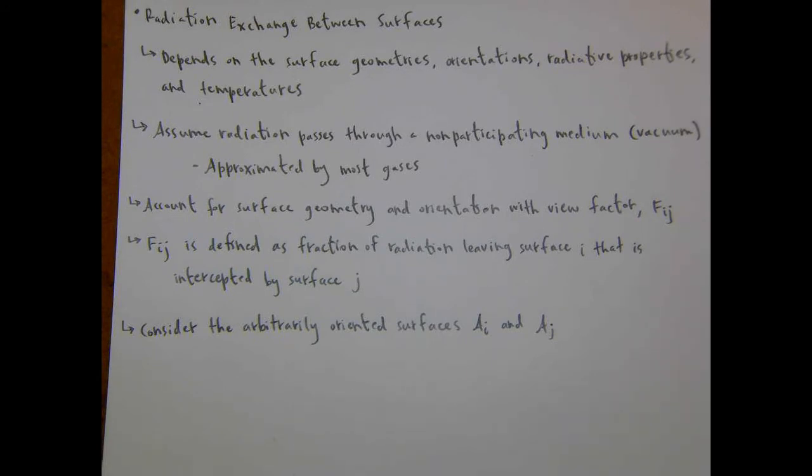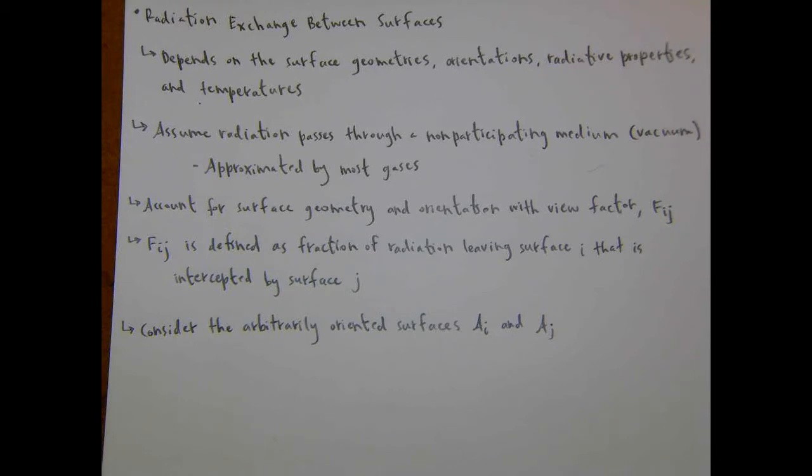Because radiation is emitted in all directions, to have a second surface that captures all the radiation from the first surface, it would have to be essentially the hemisphere that we talked about, encompassing the first surface in all directions. Most of the time, radiation emitted from one surface is intercepted by a complicated array of all the different surfaces around it.